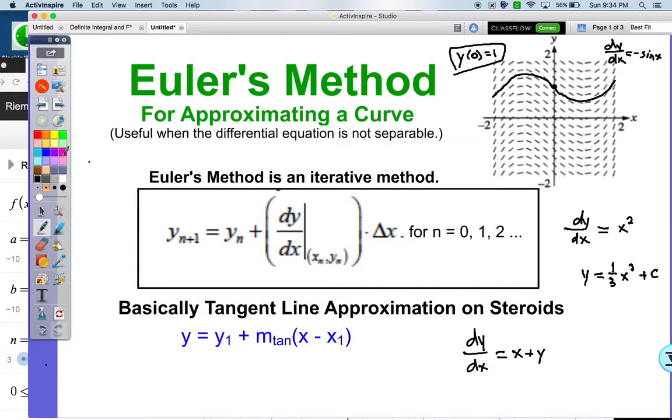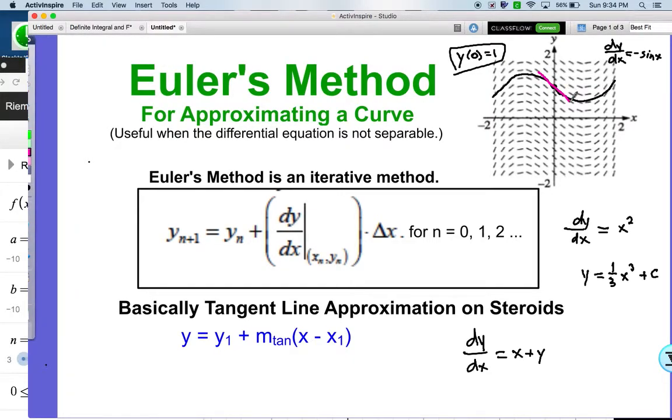So over here, I could draw the slope right here. Let's say that slope looks like maybe a negative 1. But that line there, if I extend it out, is a horrible approximation for that curve.